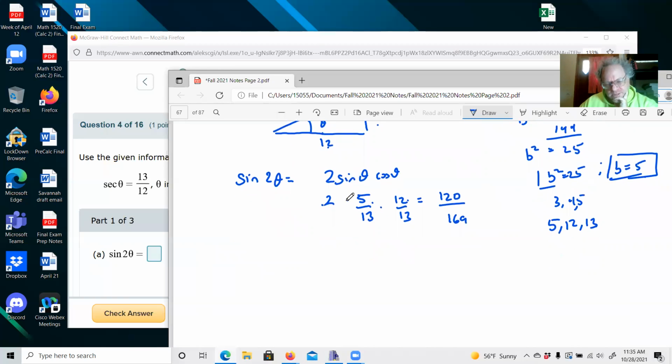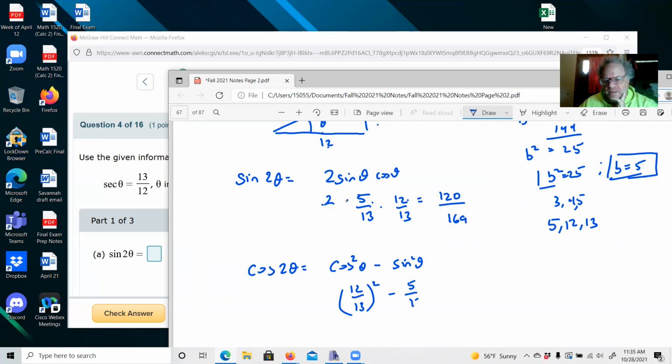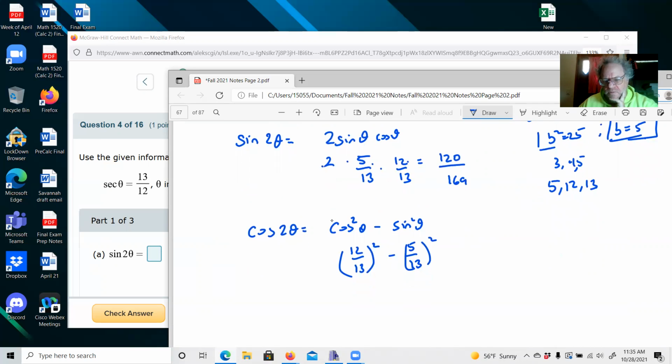Now we have cosine of 2 theta. So we're going to have cosine squared theta minus sine squared theta. So our cosine is 12/13 squared minus 5/13 squared. So we have 144 minus 25 all over 169.